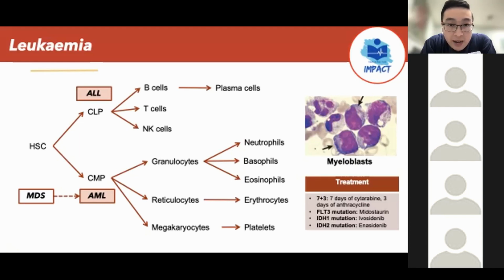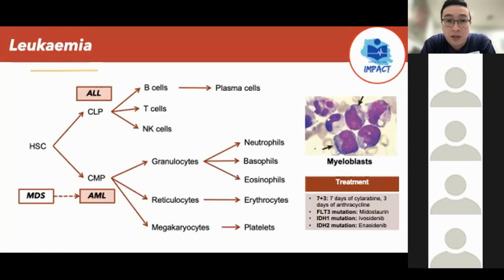When you think about MDS, myelodysplastic syndrome is essentially what the name suggests. It's a condition where the myeloid cells or the myeloid progenitors in the bone marrow have become dysplastic. They haven't become cancerous, but they're screwed up in some way.